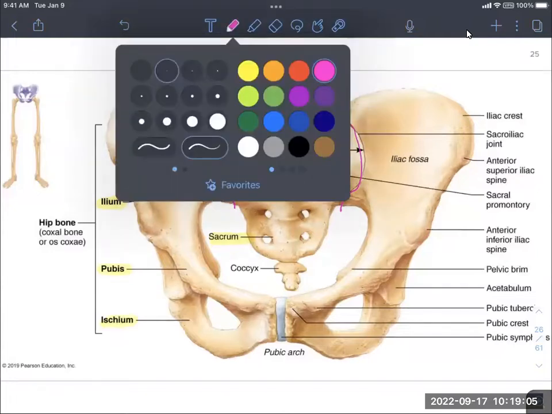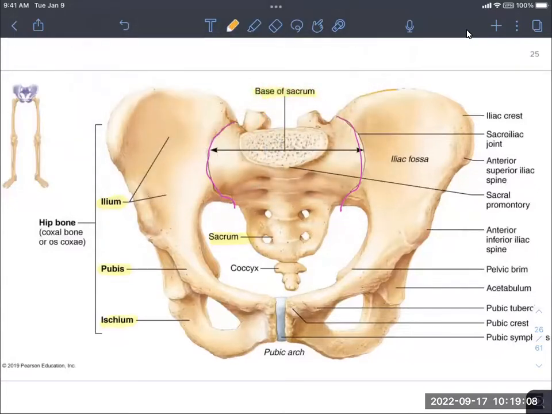Along the top, this is called your iliac crest. The joint that connects that hip bone to the body is called the sacroiliac joint.